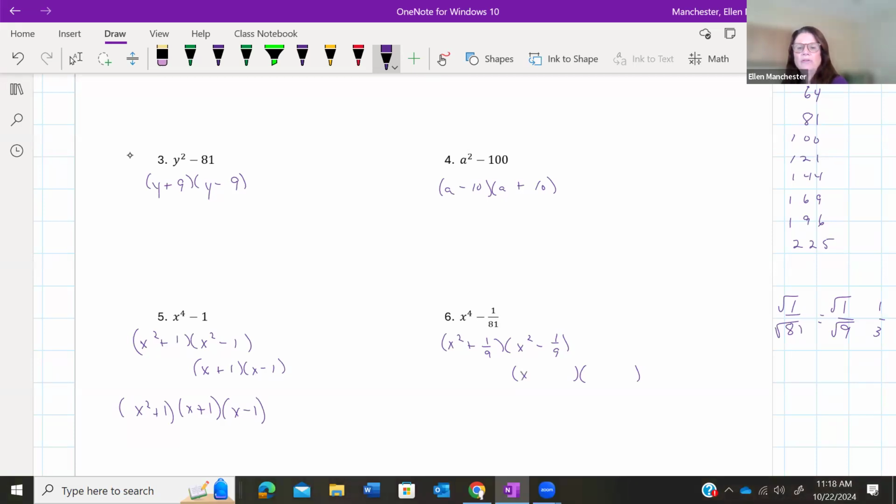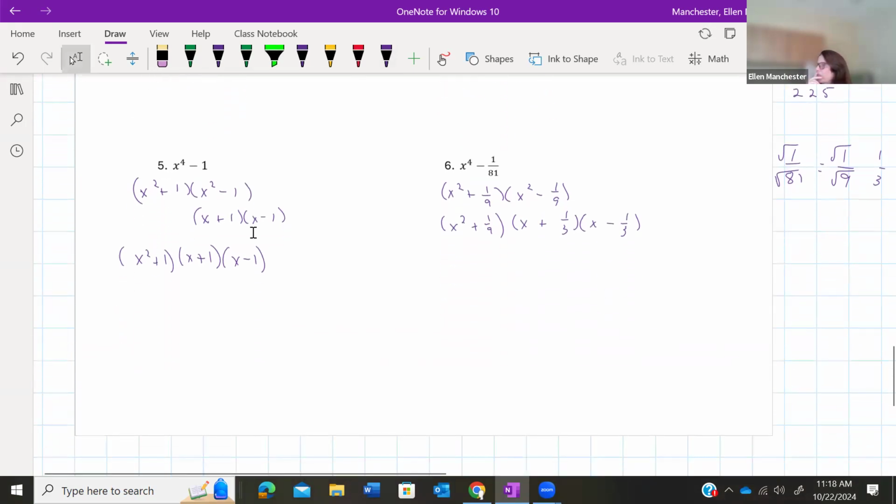So it's going to be x and x, 1/3 and 1/3. One's plus and one is minus. So again, you have three terms. So don't think that you stop just when you factor one time. Sometimes you have to factor again. So you have to always be aware that you might be factoring it again.